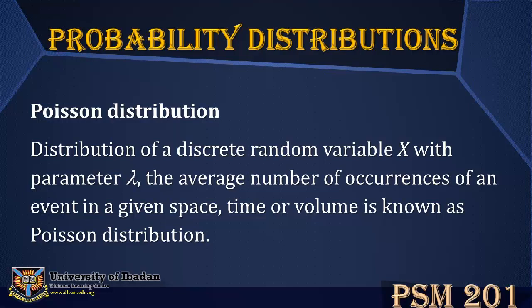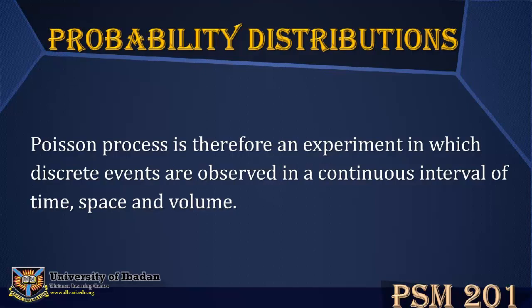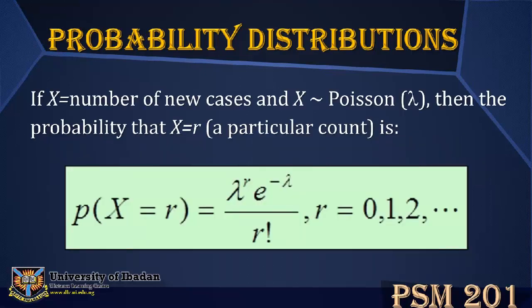Poisson distribution. Distribution of a discrete random variable X with parameter lambda. The average number of occurrences of an event in a given space, time, or volume is known as Poisson distribution. Poisson process is therefore an experiment in which discrete events are observed in a continuous interval of time, space, and volume. If X is the number of new cases, and X approximately Poisson(lambda), then the probability that X is equal to r, a particular count, is P(X = r).